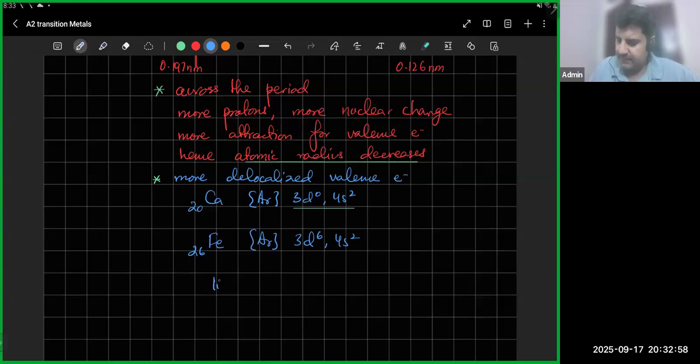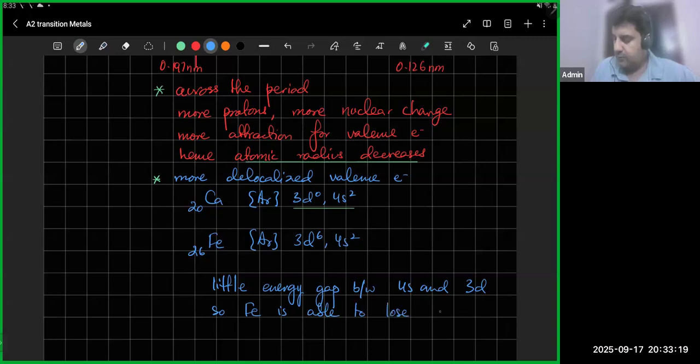There's little energy gap between 4s and 3d, so Fe is able to lose more than 2 electrons.